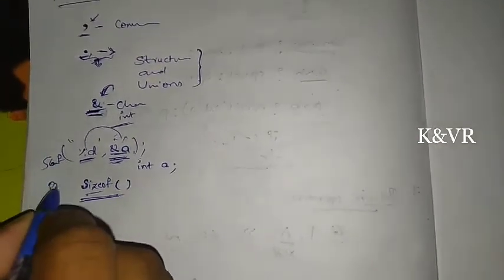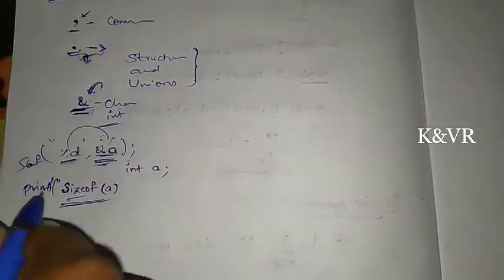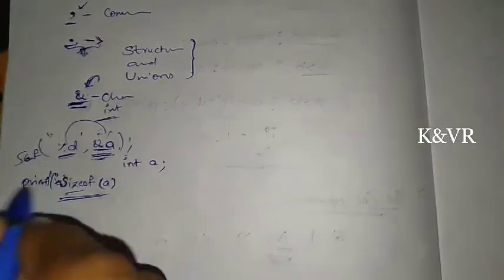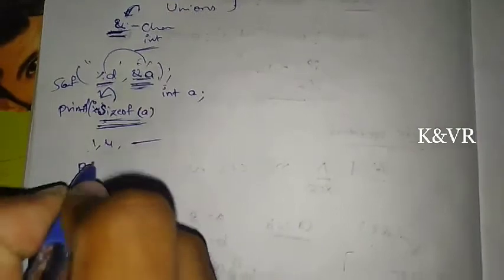If I print sizeof a, the output of the sizeof operator is an integer value, that may be 1 or 4 or whatever. It is definitely an integer value. So the format specifier I should use is %d.